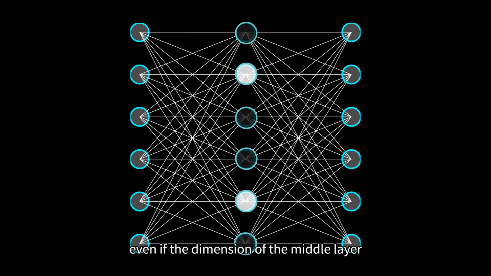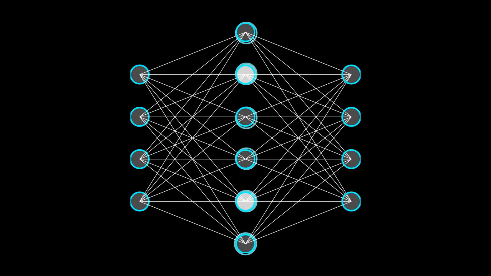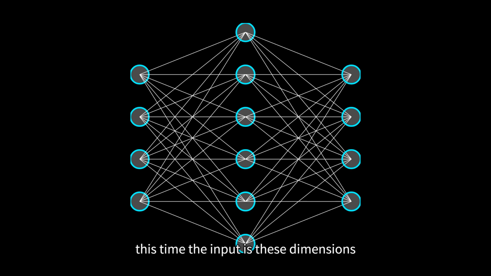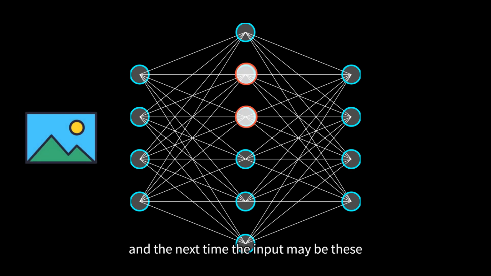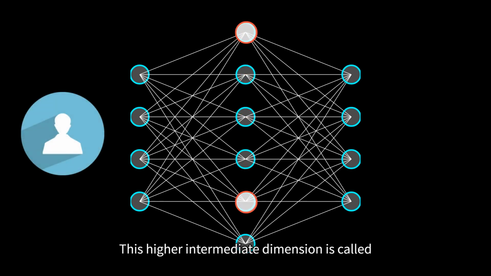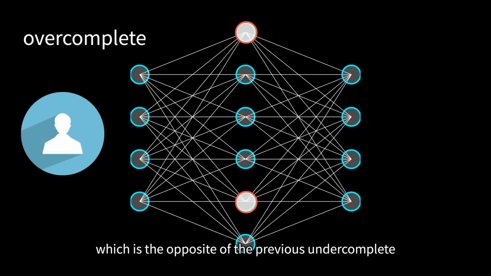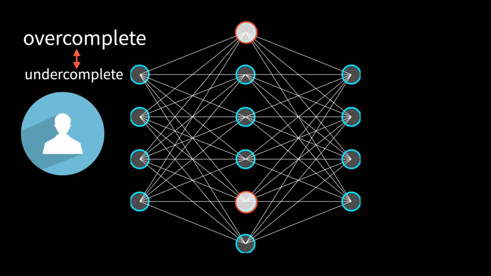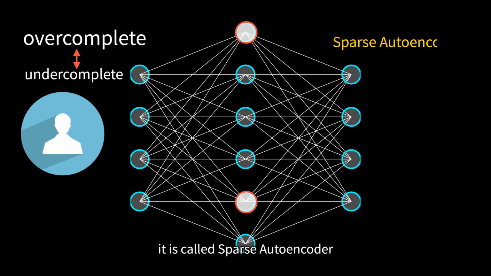Under such constraints, even if the dimension of the middle layer is larger than the dimension of the input x, it does not matter because the actual non-zero dimension is still very low. However, this time the input uses these dimensions, and the next time the input may use these few dimensions. This higher intermediate dimension is called overcomplete, which is the opposite of the previously mentioned undercomplete. In this way, it is called a sparse autoencoder, which keeps the intermediate dimensions as sparse as possible.